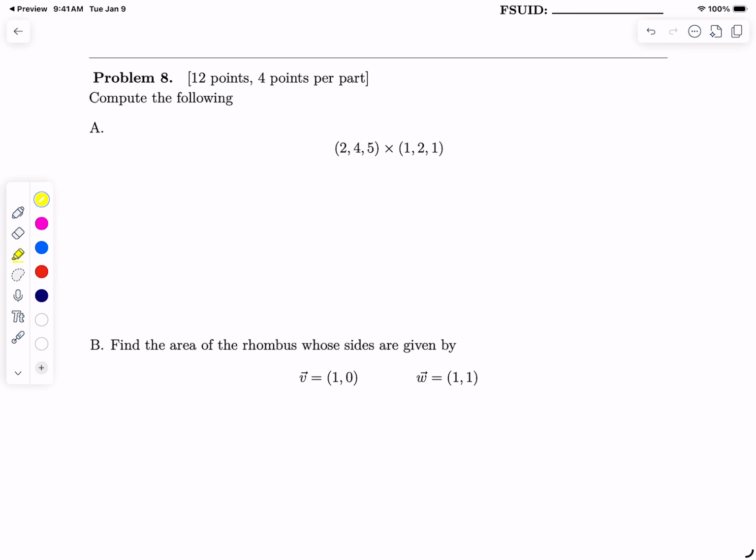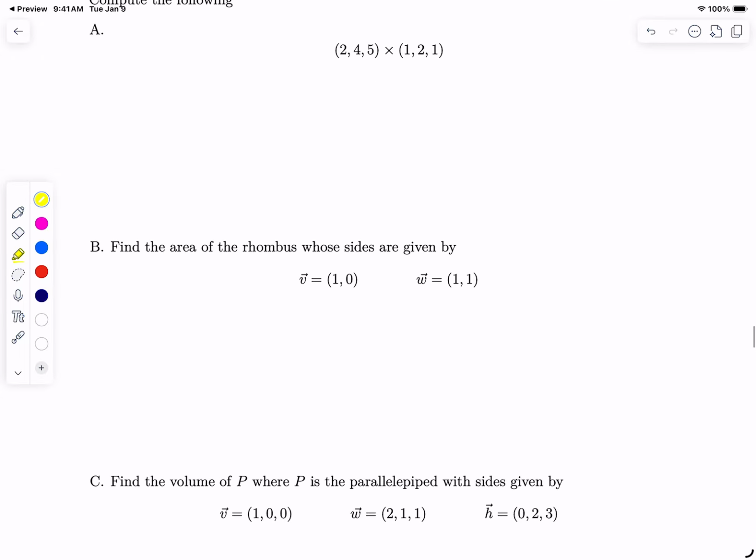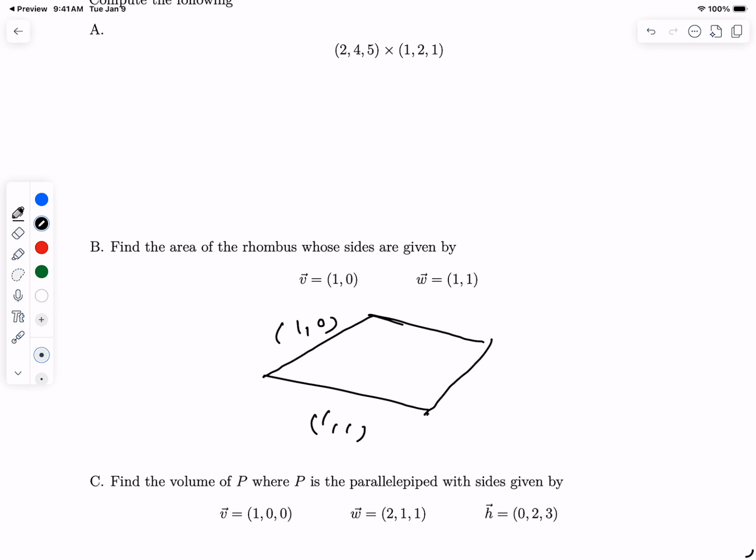In this question, you need to compute a cross product. You can do it. Part B, you need to compute the area of a rhombus given by these sides. And I think if one of the vectors is 1, 0, another vector is 1, 1, how do you compute this area? Do you know any formula? Magnitude of the cross product, yeah.